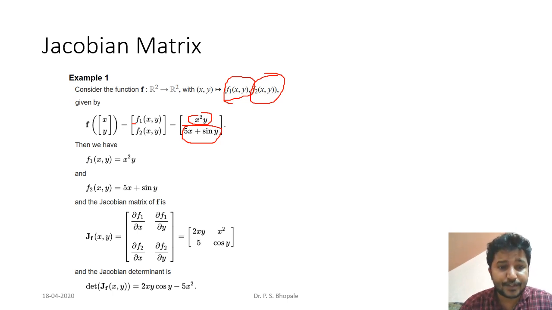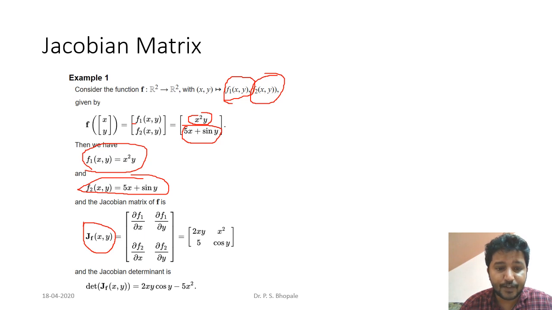So function f1 is x square y, and function f2 is 5x plus sin y. The Jacobian matrix J, which is again a function of x and y, can be calculated as the partial derivative of f1 with respect to x, then f1 with respect to y, and in the second row, the partial derivatives of f2 with respect to x and y.